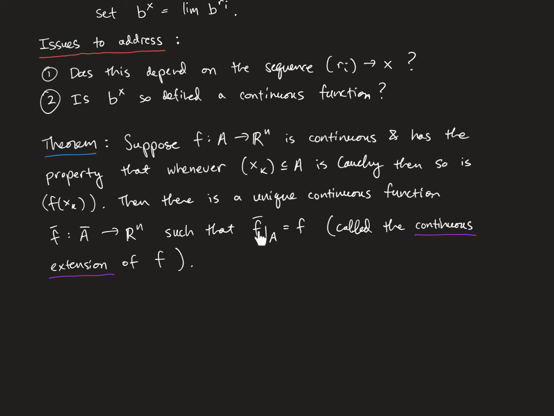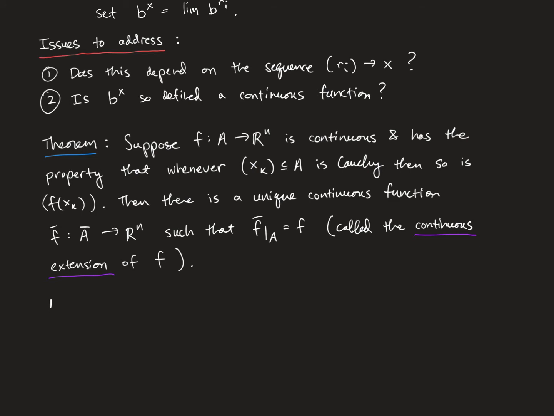This function f bar is called the continuous extension of f. If we prove this theorem, that immediately tells us that we have a well-defined exponential function on all of the real numbers, because the closure of the rationals is the real numbers, as we've seen. So this theorem will address the main question that we started out with at the beginning of the previous lecture.